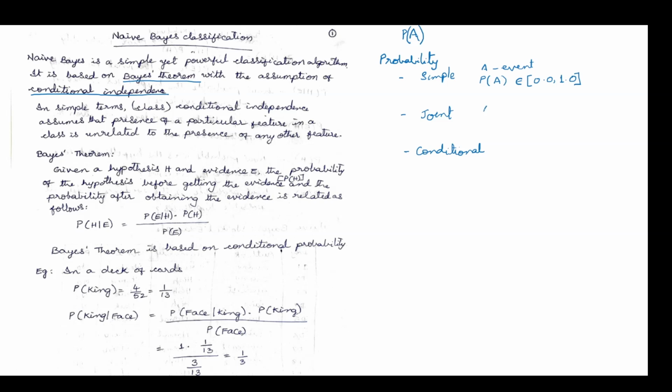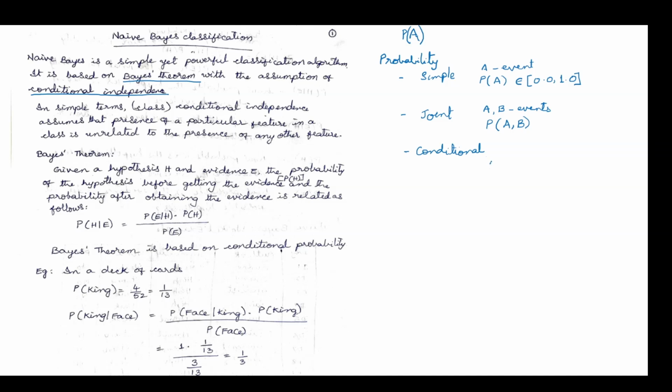When we come to joint probability, if there were two events A and B, the probability for both events A and B to be true is termed as joint probability.